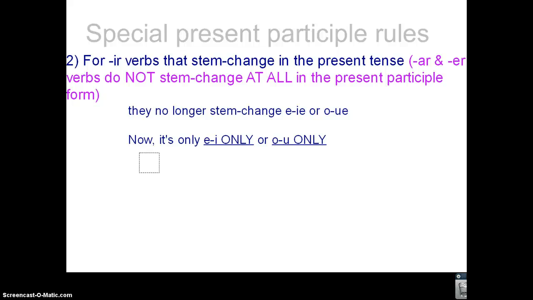So write down all your IR verbs from your yellow sheet that are also stem changers, and we will look at them together as far as what the present participle becomes. If you think you're ready for that challenge, go ahead and write down what you think their present participle form is. Last but not least, for your notes, we're going to do the same thing we did for your nouns and adjective notes, where we write down a few example sentences.